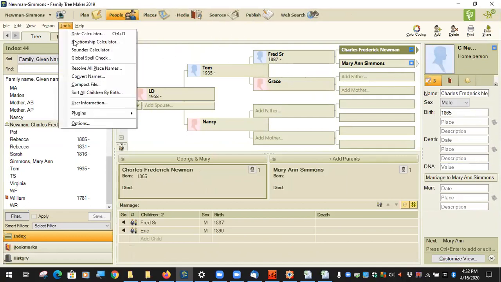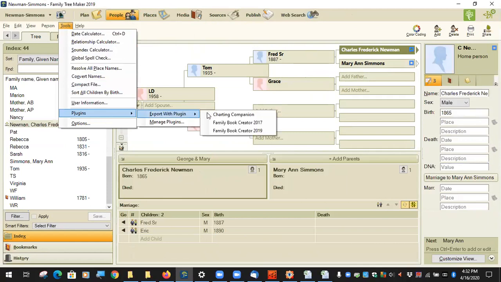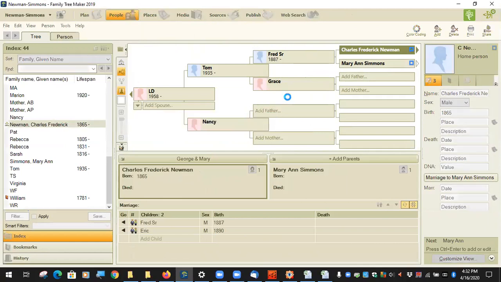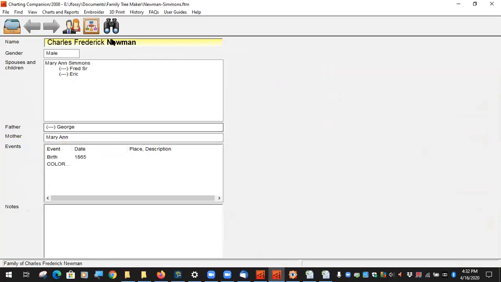Now to test it, we'll go into Charting Companion. I believe Charting Companion can directly read the Legacy file. Yes, it can.